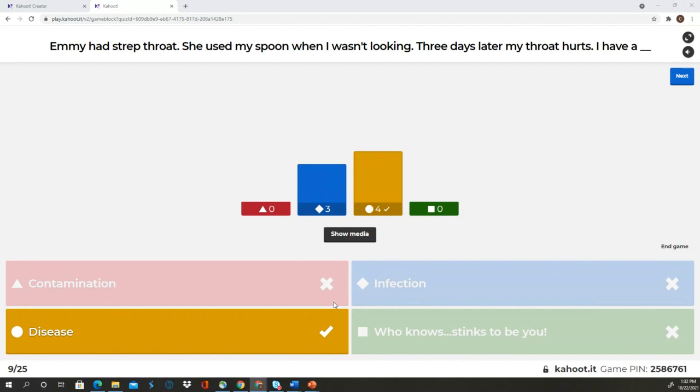Anyways, so when I put the original contaminated spoon in my mouth, right? I was contaminated. They hadn't started replicating or anything, but a foreign pathogen got into my mouth from that contaminated spoon. But then, starting about an hour later, as they started to replicate, then I have an infection.